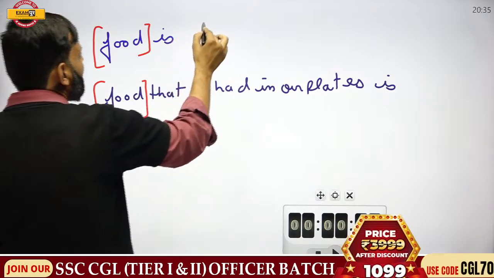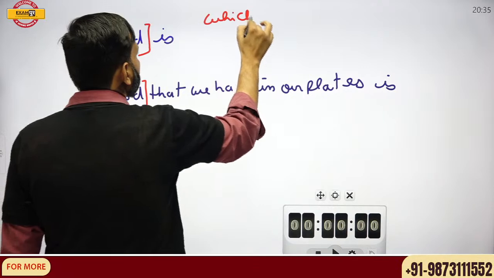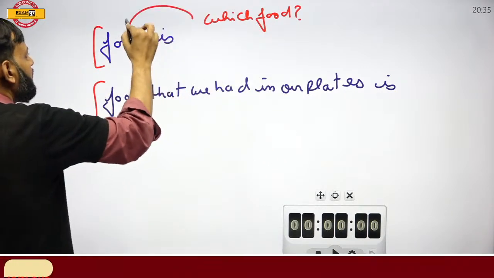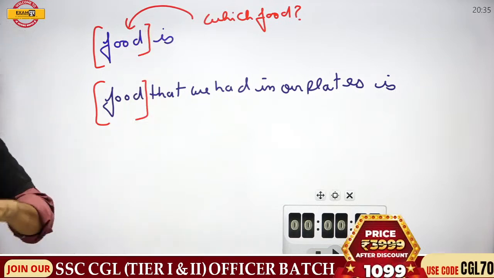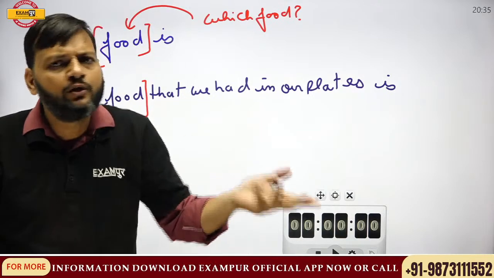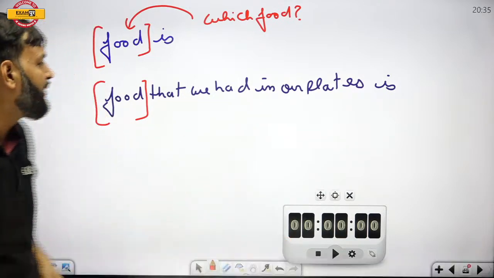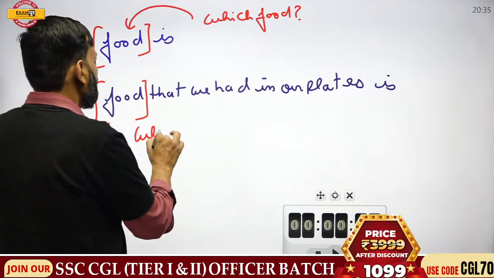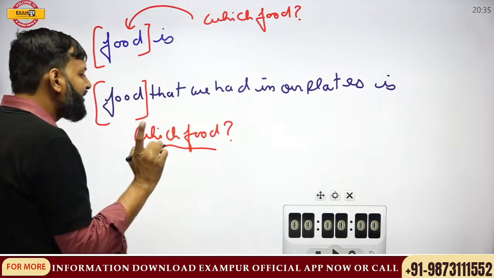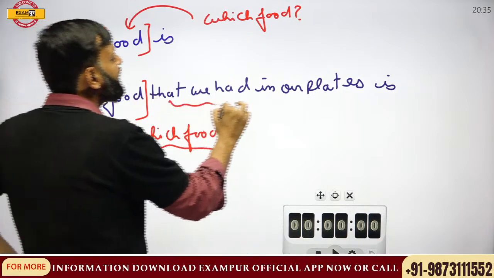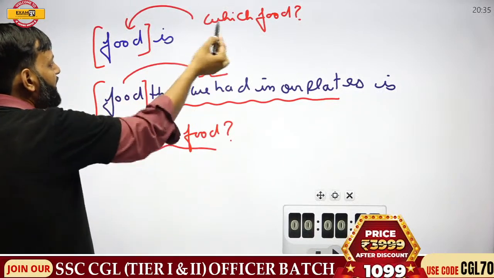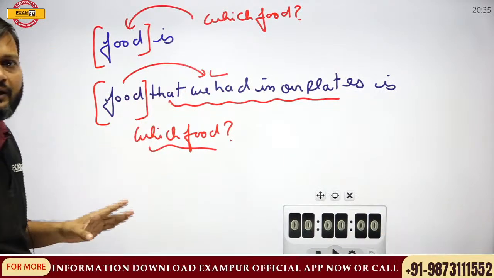Now if I ask which food, do you have any detail of the word food in the first sentence? No, there is no detail. Simply food is. Which food? No one knows. But if I ask the same question here, which food, this certainly has an answer. The food that we had in our plates. So here food has additional information, but here food does not have any additional information.